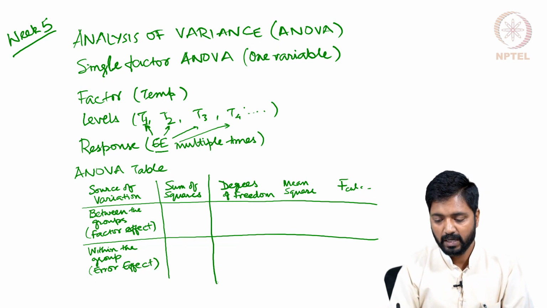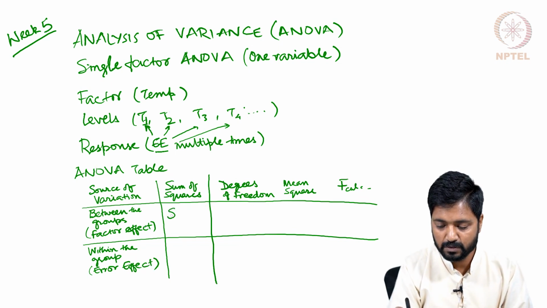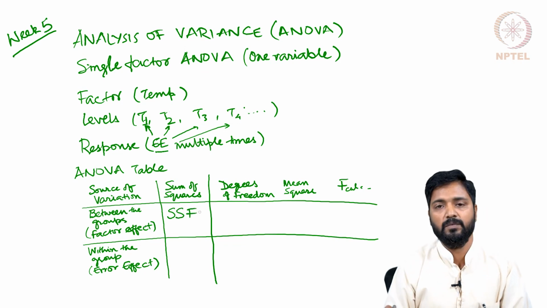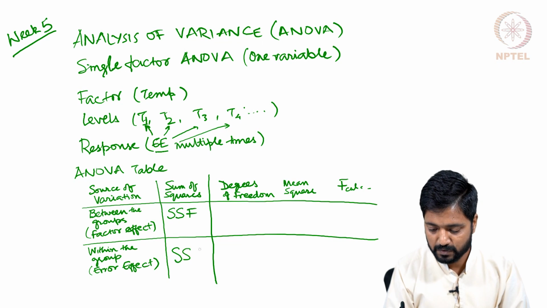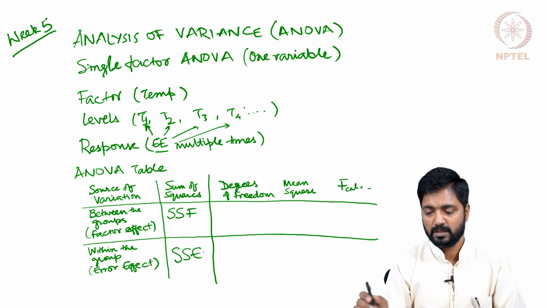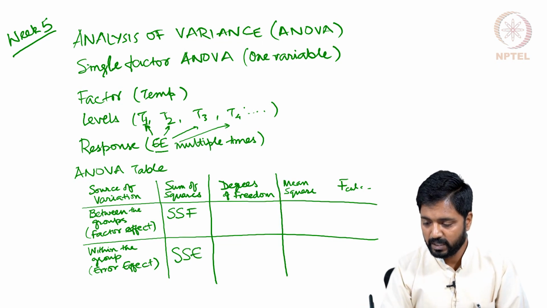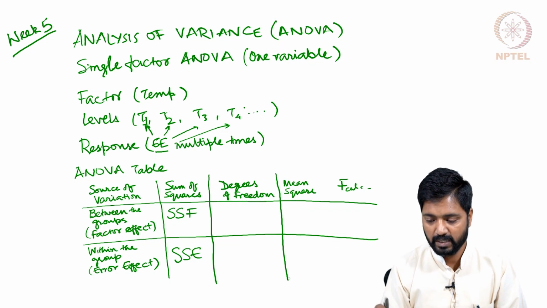Consequently, we have the sum of squares due to factors, which is listed here, and the sum of squares due to errors. The degrees of freedom in these two cases are different.